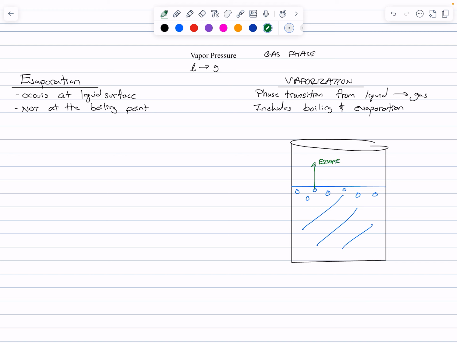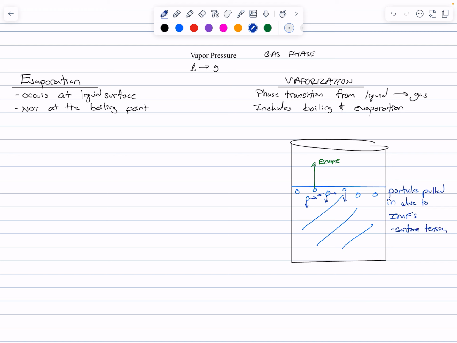We already learned that the intermolecular forces pull the particles inward to the liquid, due to what we call surface tension.